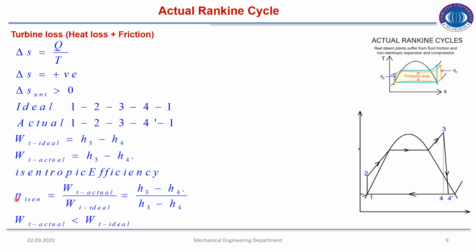You should also remember that efficiency is always less than 1, or 100%. If we are talking in percentage, efficiency will always be less than 100%. In the denominator we always put the greater value. So the work done by the turbine in the ideal case will always be greater than the work done by the turbine in the actual case.